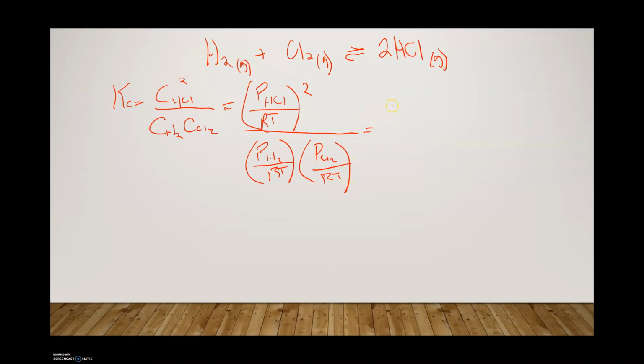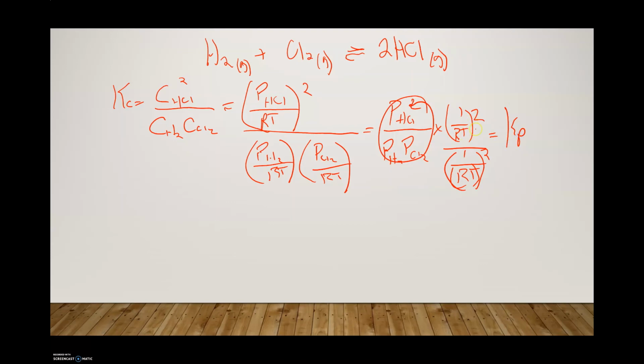Now we have the pressure of HCl squared divided by the pressure of H2 times the pressure of Cl2, times 1 over RT squared divided by 1 over RT squared. Now, this is going to be equal to Kp.